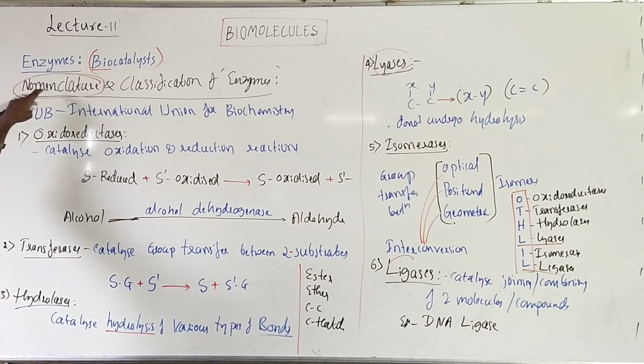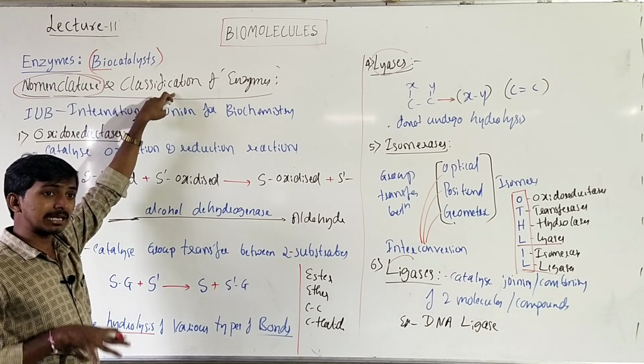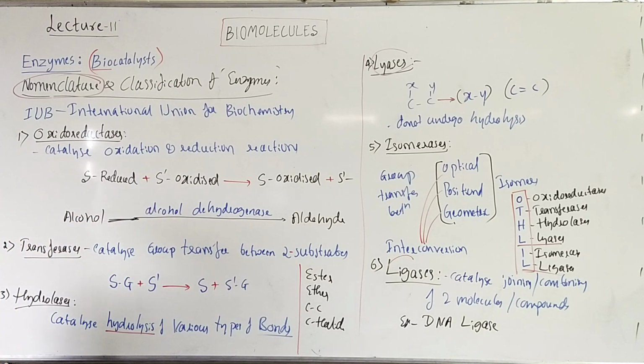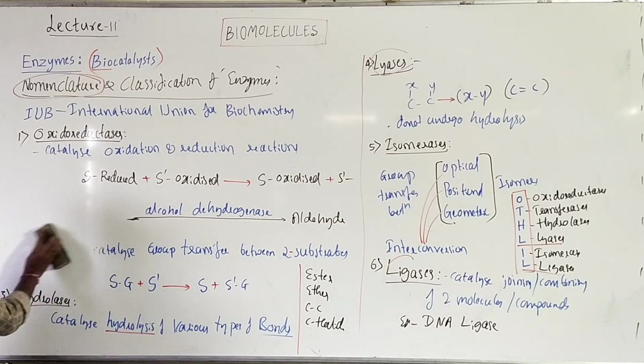The nomenclature rules are not needed for our PU syllabus. They have just mentioned clearly the classification, six classes of enzymes. So pause the video and take down all the details of the enzymes. This is all about the classification of enzymes.